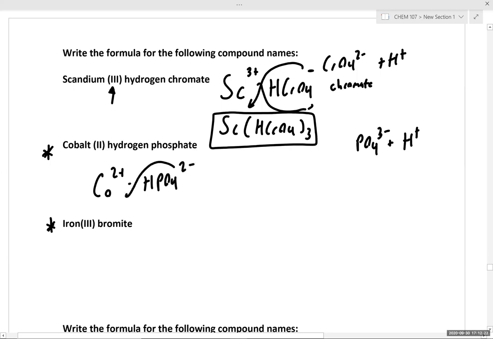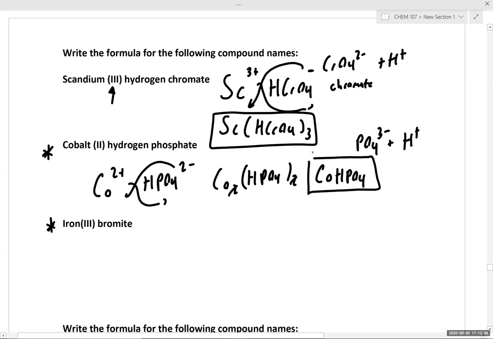We cross our charges, that gives you Co2(HPO4)2, and then we remember we can simplify our ratio of ions, and we want the simplest ratio of ions. So that simplifies to the following formula. Does that make sense?